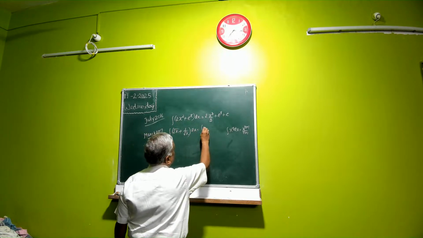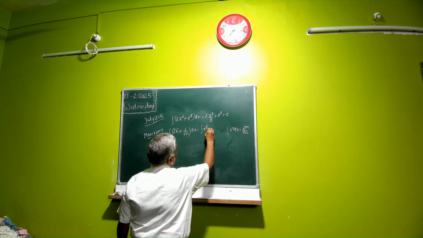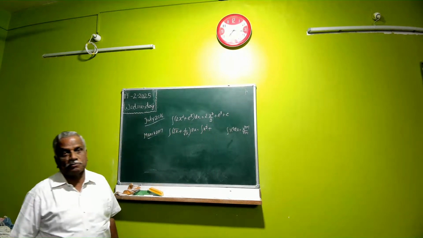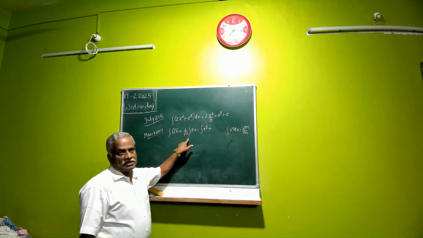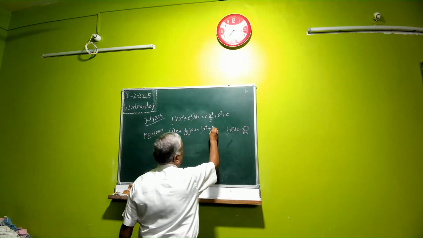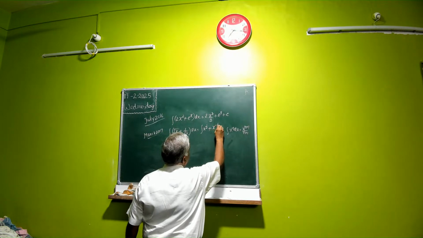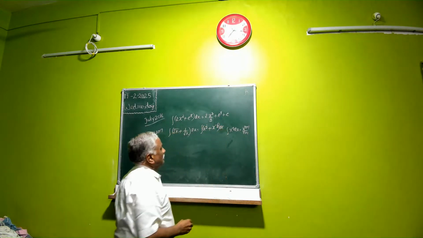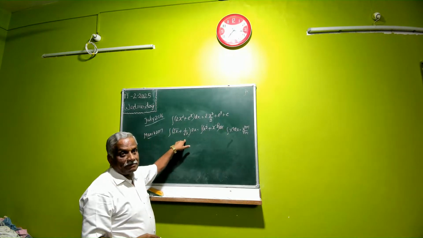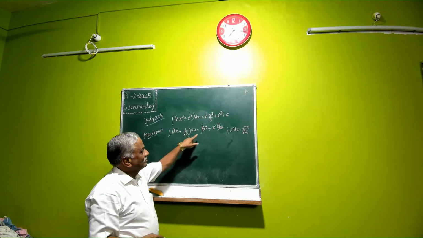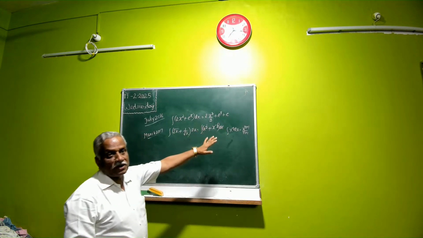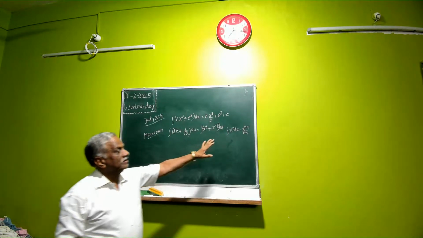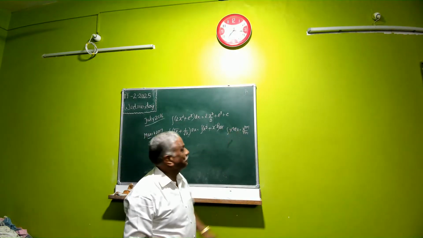Root x you can write as x to the power of half. 1 over root x you can write as x to the power of minus half. One over root x is not in integrable form, so I have to bring it to integrable form. What is that? This formula, x to the power of n.